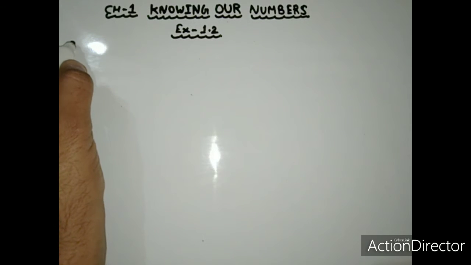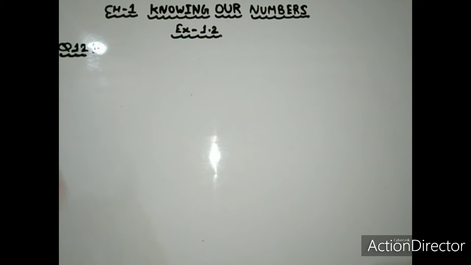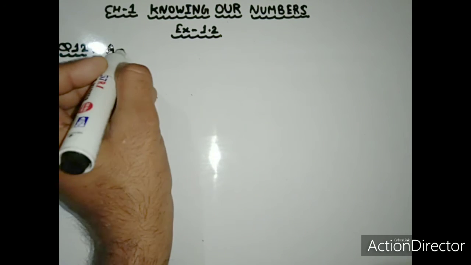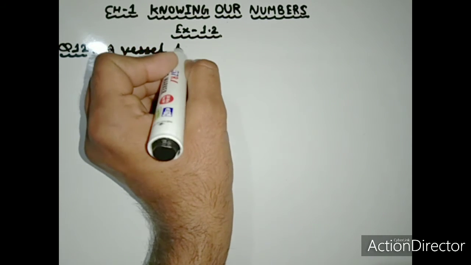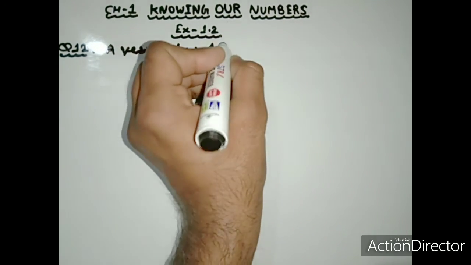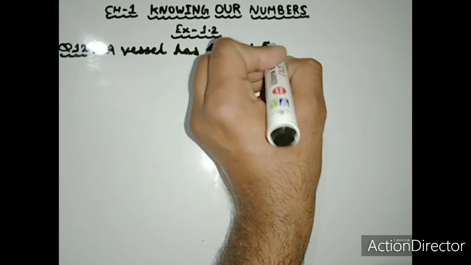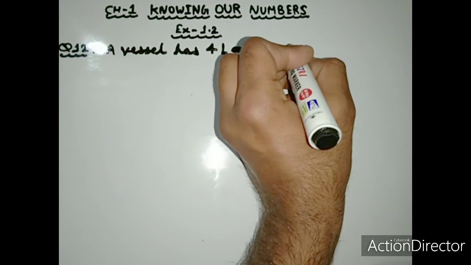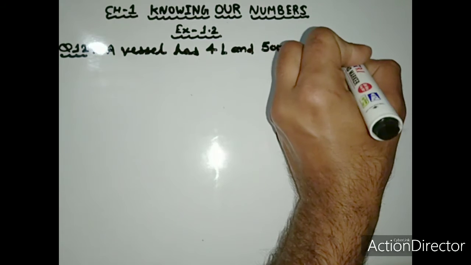Now here we will solve the next question, question number 12. And the question number 12 is, a vessel has 4 liters and 500 milliliter of curd.